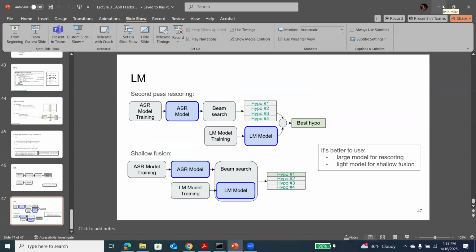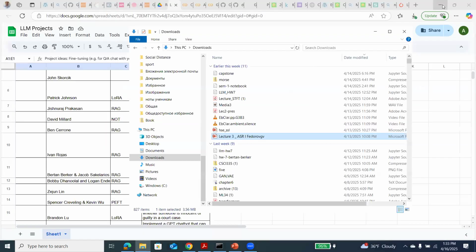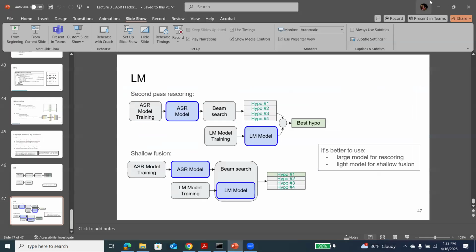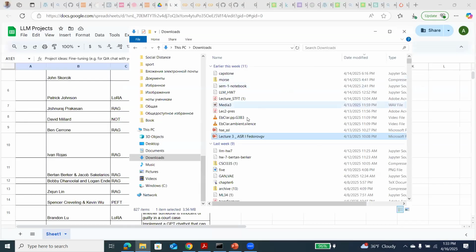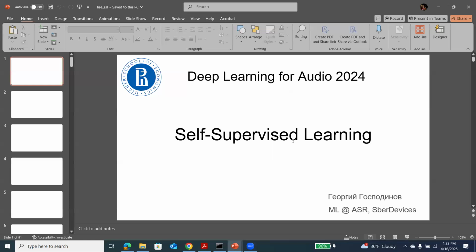Now let's talk about the approach without spectrograms, how we can learn text directly from audio, like in Llama 3 models. This is called self-supervised learning.